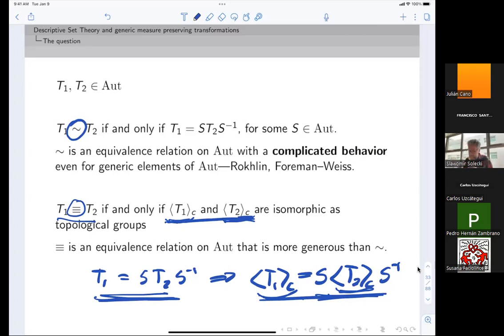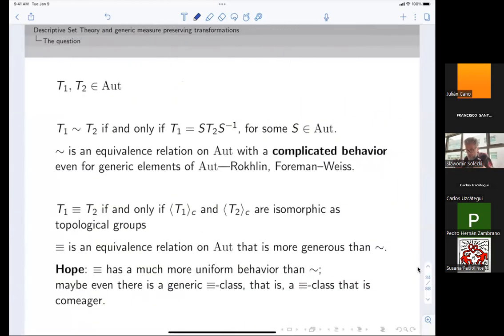So this means the behavior of T1 and T2 roughly is the same, but very roughly. So one looks at this much more generous equivalence relation, and the hope is that this equivalence relation has a much more uniform behavior than this one.